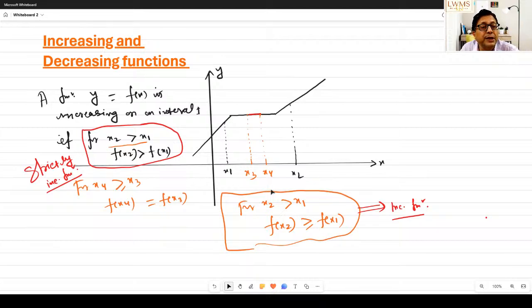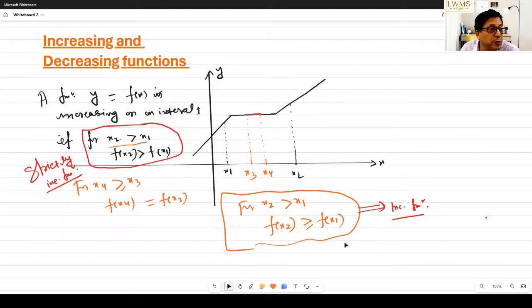That is, for x2 greater than x1, f(x2) will be greater than f(x1). So this class will be doing what is expected from you in your board examination. You do it graphically or analytically, this definition you need to keep in your mind always.